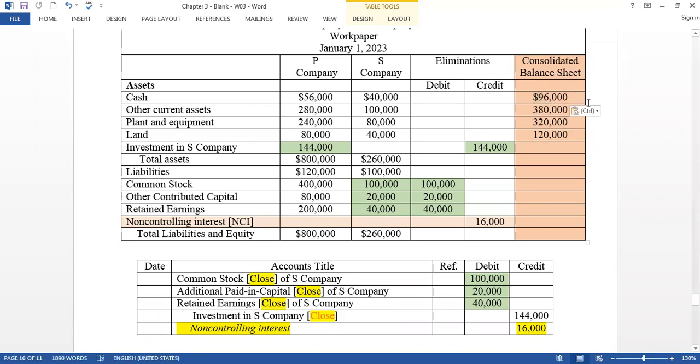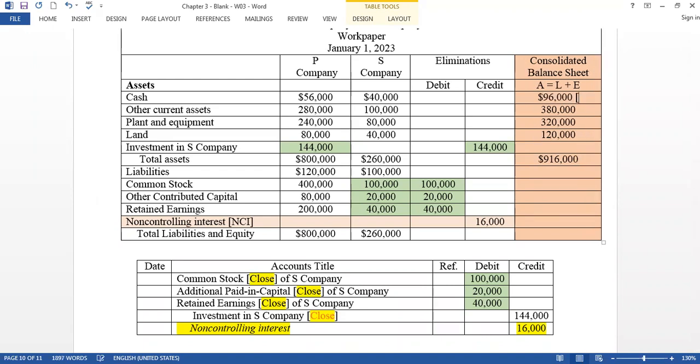So here we have to think this way: assets equal liabilities plus equity. We have to apply this. Now total assets are $916,000. Although you don't need to write it in the exam, for your reference I always write this.